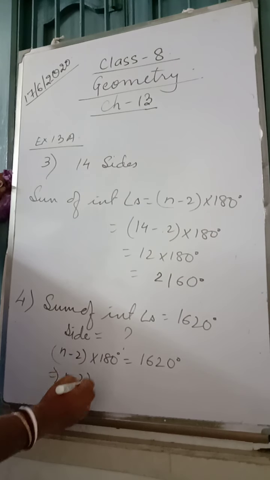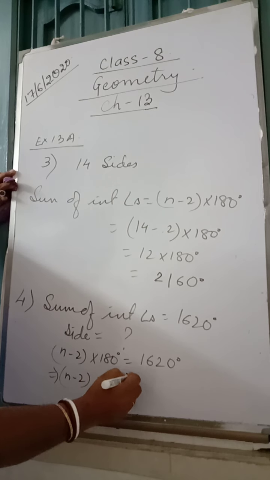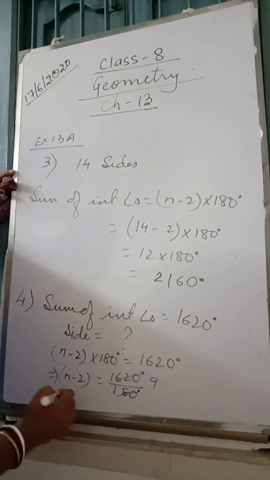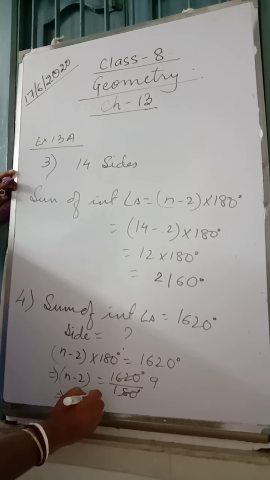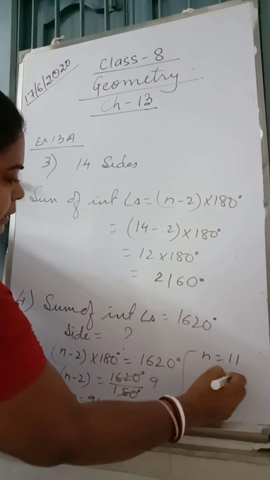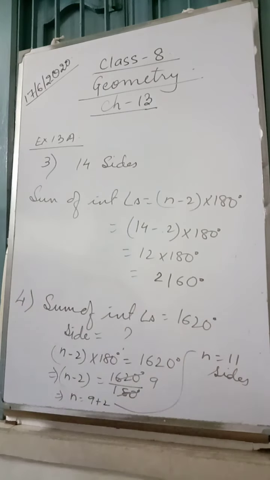Or n minus 2 is equal to 1620 divided by 180, which is 9, or n is equal to 9 plus 2, n is equal to 11 sides. So the polygon has 11 sides. This is the vice versa sum I have written.